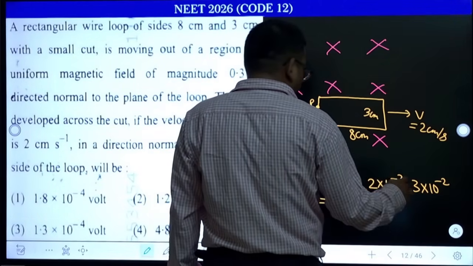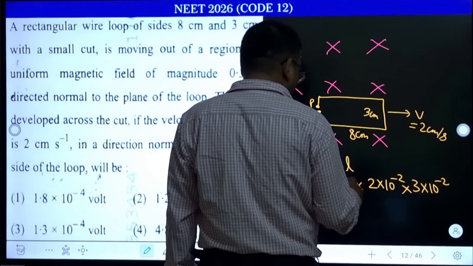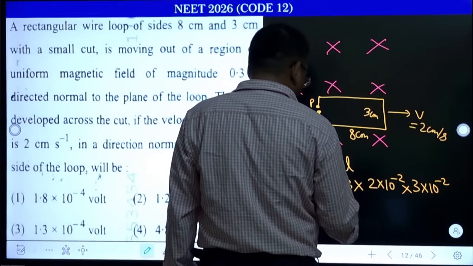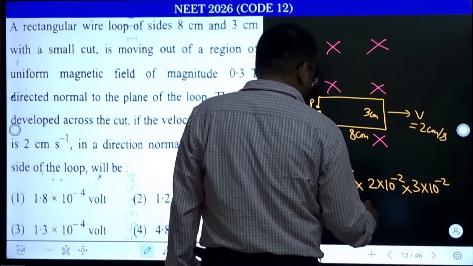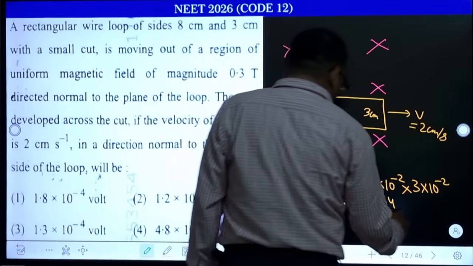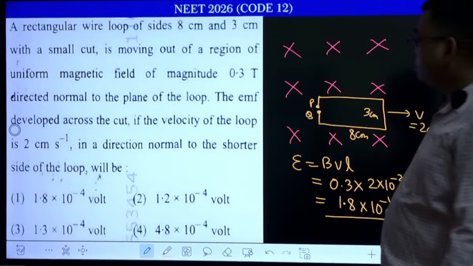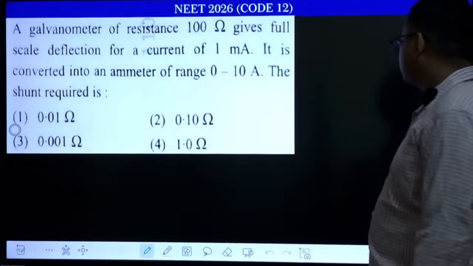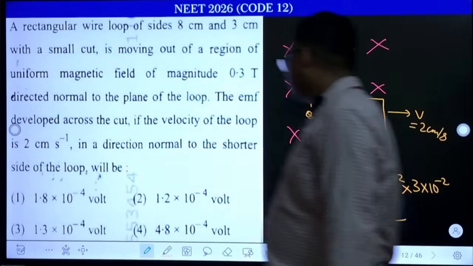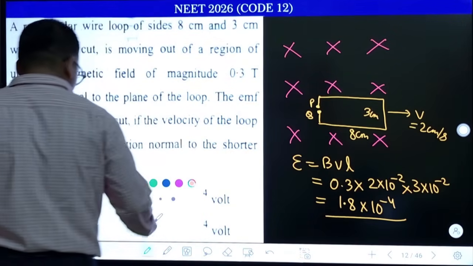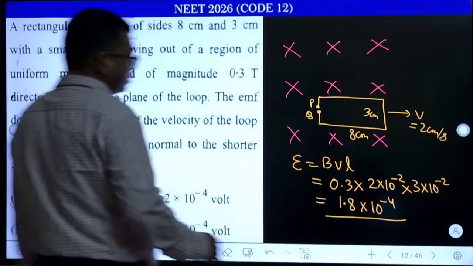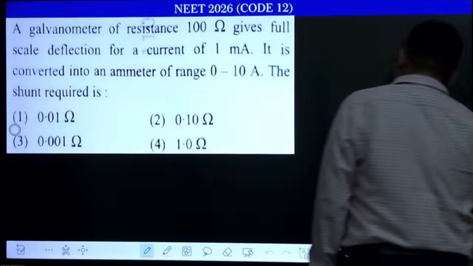This becomes 3 into 2, 6, 6 into 0.3, 18. So 1.8 into 10 to the power minus 4. Yes, we can take that here, right? So this answer is option 1. Let us move to the next.